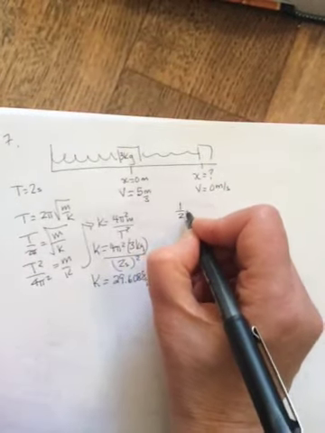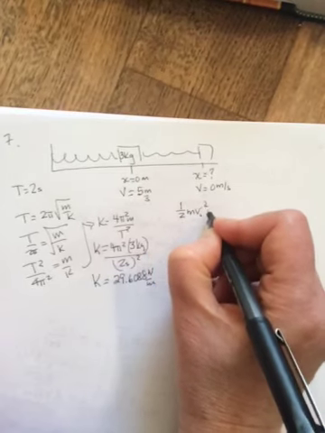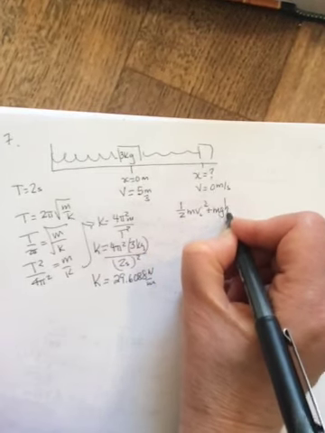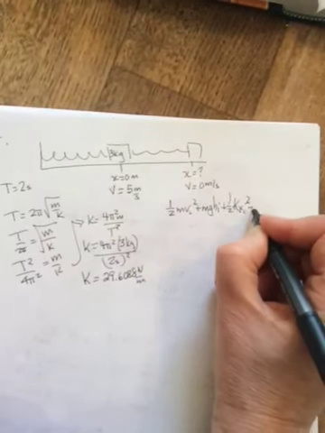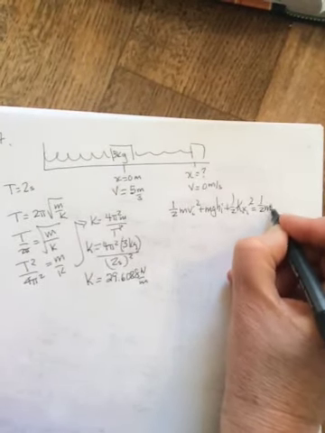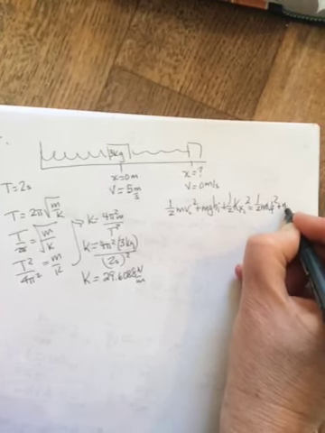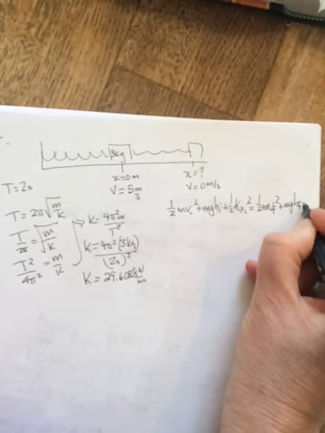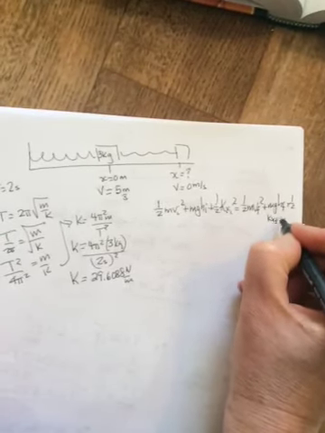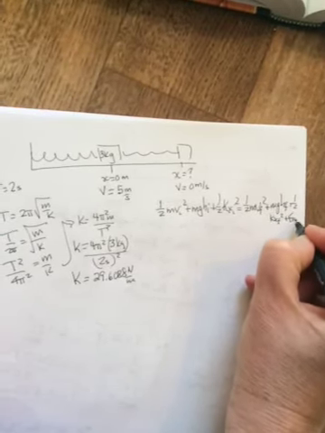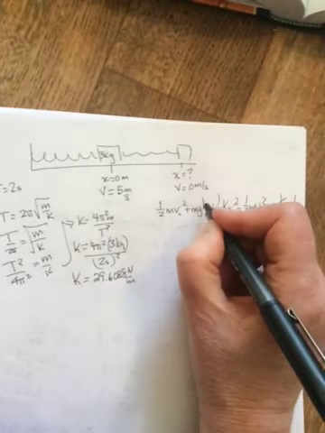So then we go to our energy equation, 1/2 mv initial squared, plus mgh initial, plus 1/2 kx initial squared equals 1/2 mv final squared, plus mgh final, plus 1/2 kx final squared, plus E lost. No E lost, no mgh.